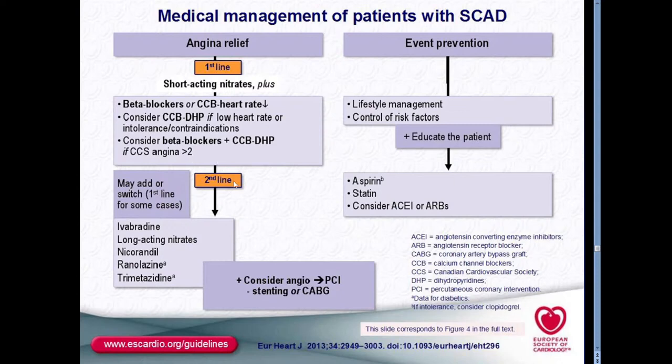And second line, you may add or switch the first line in some cases with ivabradine, long-acting nitrates, nicorandil, ranolazine, trimetazidine, and consider coronary angiography with further percutaneous coronary intervention. We consider stenting or CABG, coronary artery bypass grafting. It's the approach to angina relief.